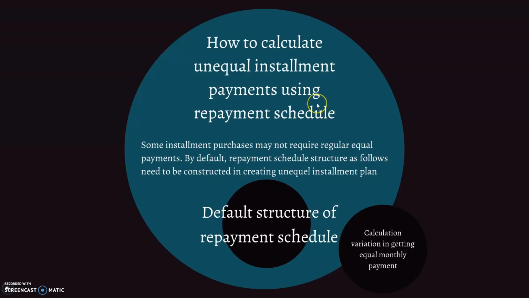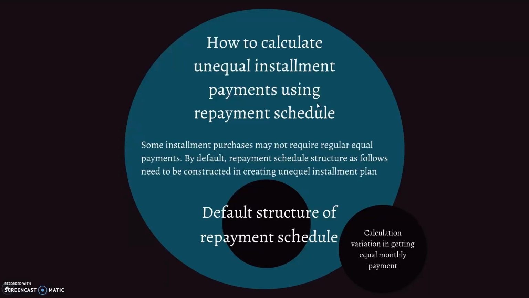But basically, before you can be clear on how they calculate the interest and so on, you need to know that when the situation asks you for unequal installment payment, you don't have a specific formula that can calculate everything. You will actually need to construct a repayment schedule, just like what we did before in depreciation. We have a schedule.